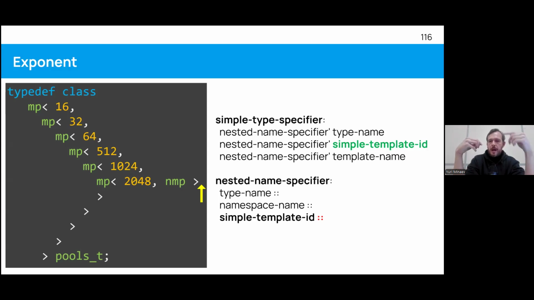You say, hey, I have 2 arguments. One of them is a number, the other is a simple template ID, but I don't have the 2 colons, so I have to backtrack, and you backtrack again, and you go all the way down again and backtrack on every step up, and so you end up going in circles over and over, doing the same thing, parsing the same kind of sequence of tokens almost infinitely, because it's an exponential complexity.